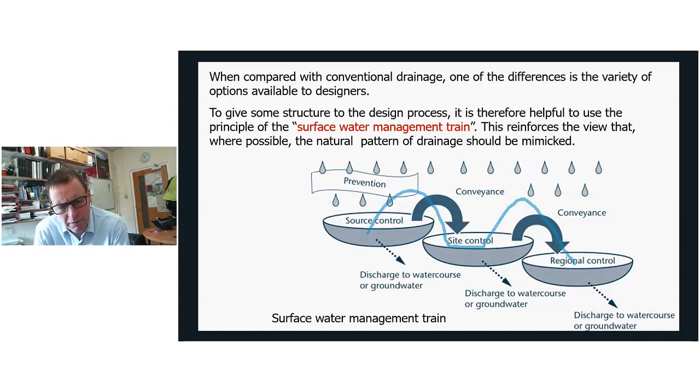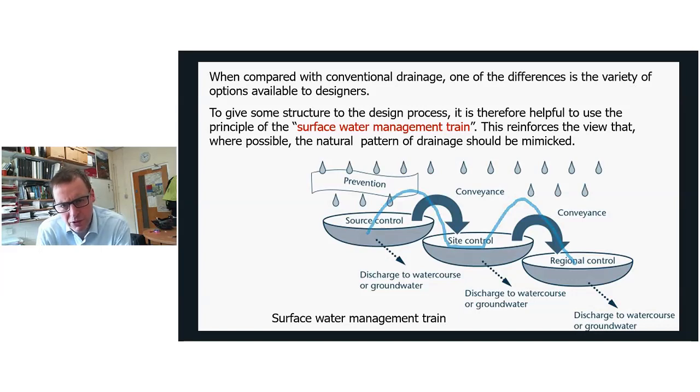Now, the number of steps you have in your treatment train should reflect the risk. By and large, the original SUDS design assumed that the more treatment train steps you have, the better. But work we've done here and work that's been done elsewhere showed that that's not always necessarily the case.